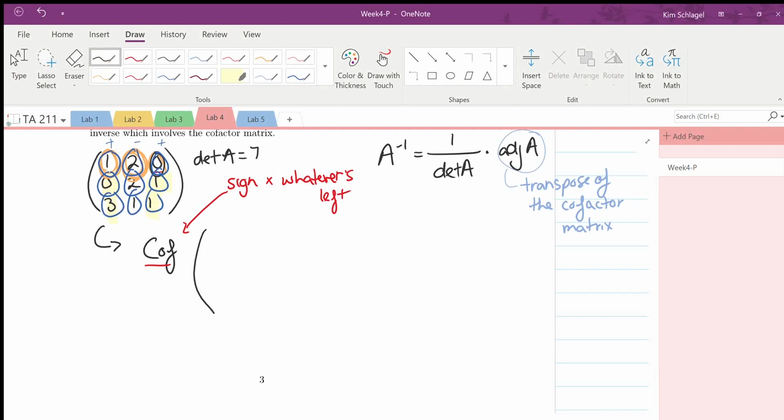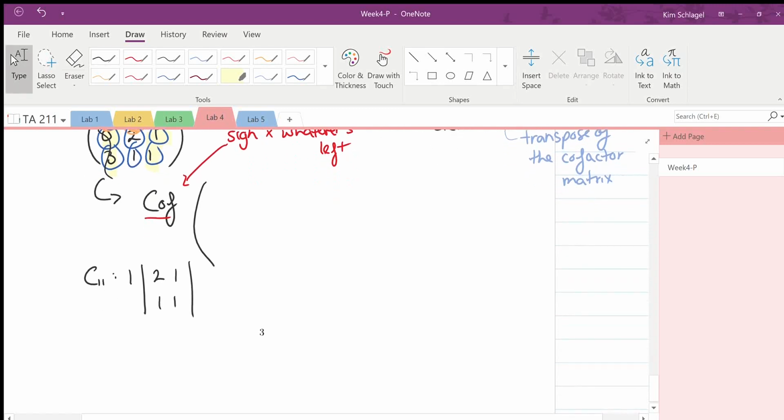Okay, so let's start here with our first entry, our cofactor position 1, 1. Because of the signs that we figured out, this one is a positive 1, so positive 1 times whatever is left, and in this case, if we squiggle out these, we end up with 2, 1, 1, 1.